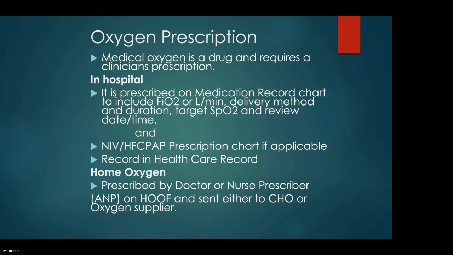And in that, it measures something called your FiO2, which is your fraction of inspired oxygen, or it measures litres per minute. So fraction of inspired oxygen is measured in percent, and the flow volume is litres per minute of oxygen. It also measures the delivery method, the duration for which you have to be on oxygen therapy, what your target saturations are, and when it's going to be reviewed, be it in a date or a time.